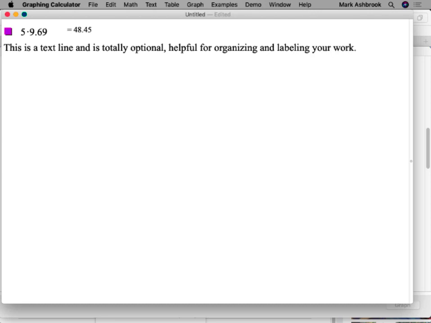This text line is totally optional, but helpful for bringing you back later in your work. Especially when you have lots and lots of math lines, it's really helpful to put text lines in there for your reference, like markers of what you're doing and where things are. Make sense? Okay, so then to go back and get another math line, you do Control Return. Control Return is always how you get a new math line.